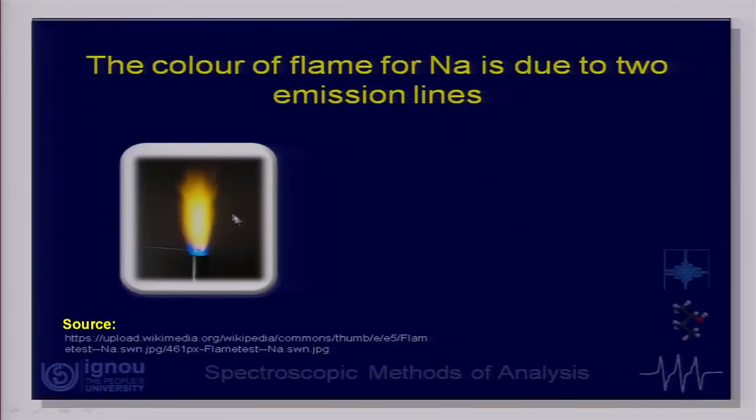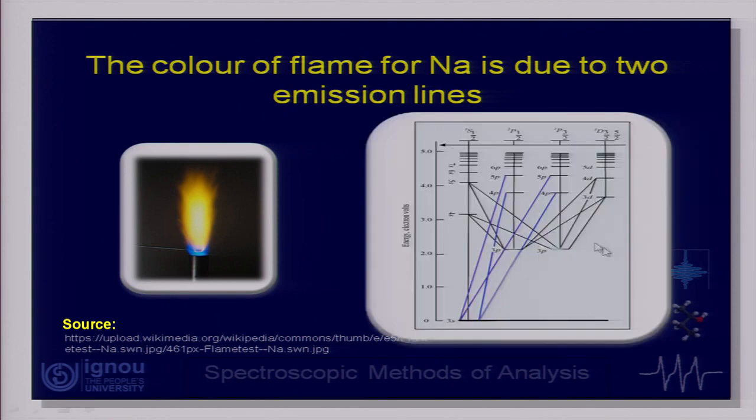Let us go further and take up an example for this. You must have done some kind of salt analysis wherein you do a flame test. Typically, the flame test for sodium shows up a yellow flame, and this yellow flame is because of emission of radiation in the visible range, and that can be shown as follows.